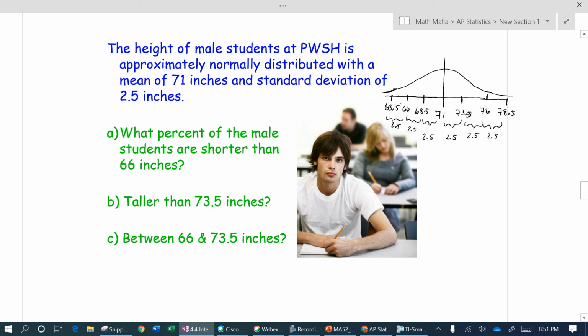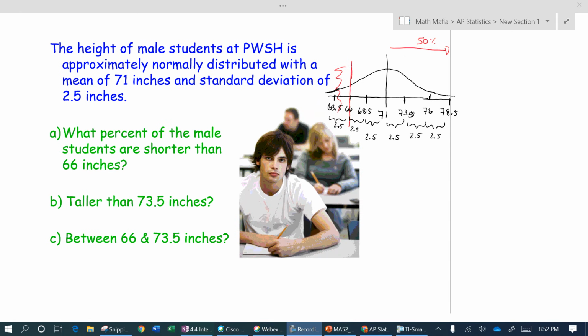Here it's asking us what percent of the male students are shorter than 66 inches. If we look at our graph, we're going to see that 66 is going to be right here, and we want to know what's on this side. Remember that from here over is worth 50% of the information. Then from right here to here, that's worth 34%.